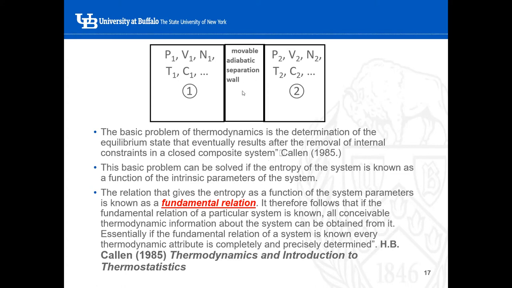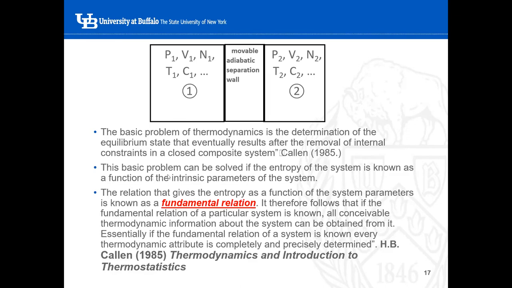Because after you remove this barrier, the separation wall, these two will mix and they will reach an equilibrium state. Like temperature here is T1, here is T2, but they will stabilize. And thermodynamics allows us to calculate that.